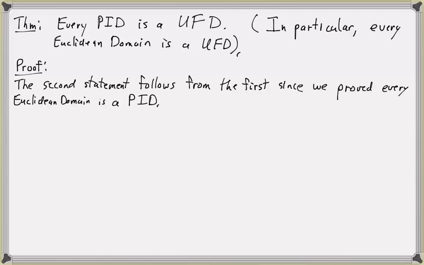So now to show that every PID is a UFD, let's let R be a PID, and let's take a little element r which is non-zero and not a unit.